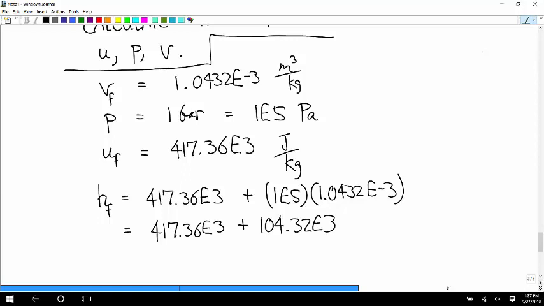Seems right. And so you get 521.68. And what are the units? That should be in joules, because everything's in SI units.